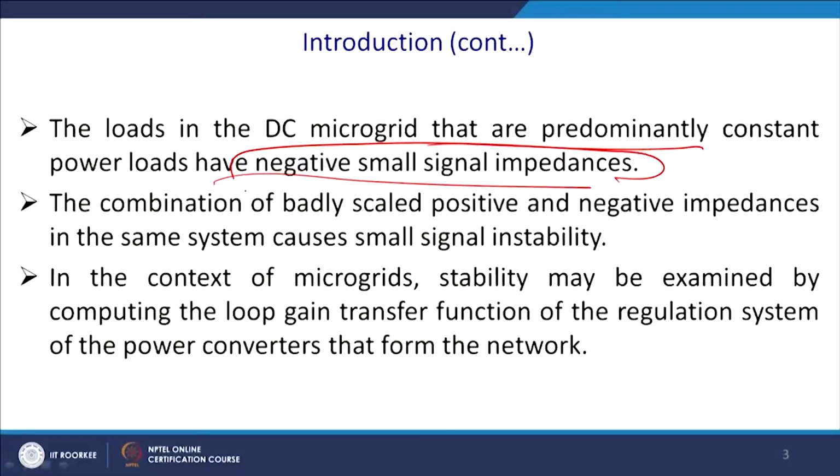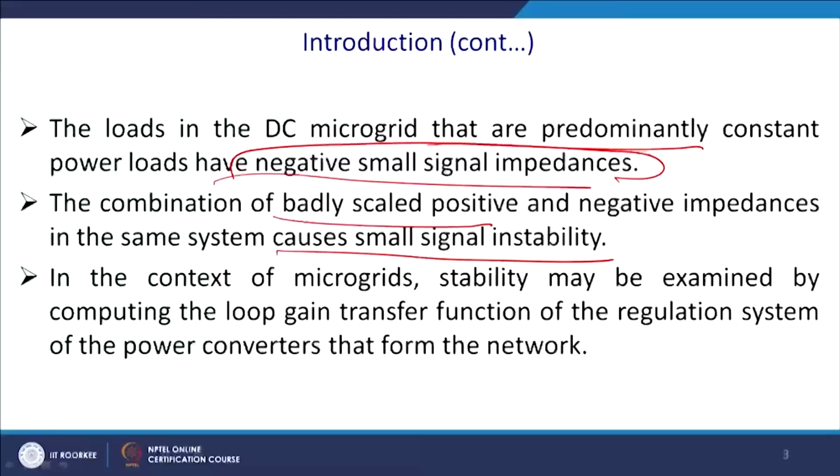The combination of badly scaled positive and negative impedance in the same system causes small signal instability. You may have a load with a positive impedance coefficient, and another, due to the CPL, with a negative resistance, and they will interact, and thus it throws the system out of gear.